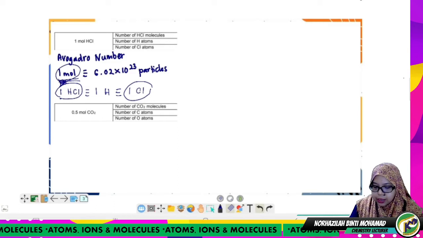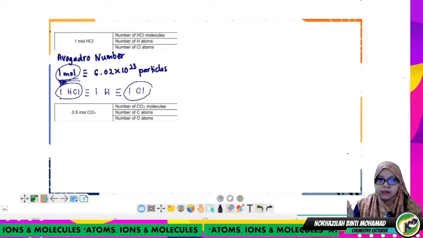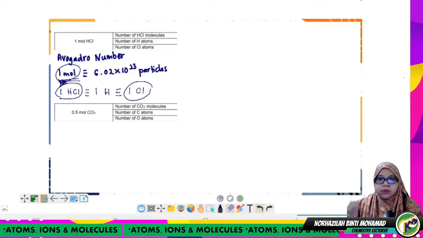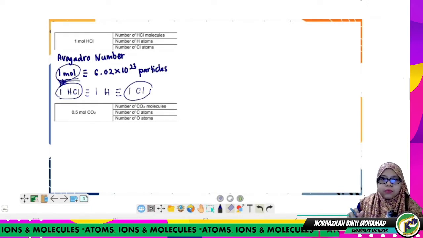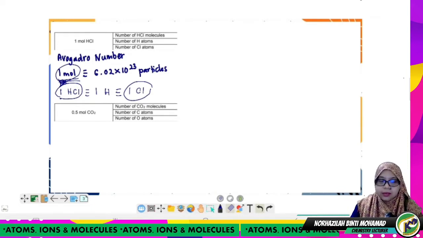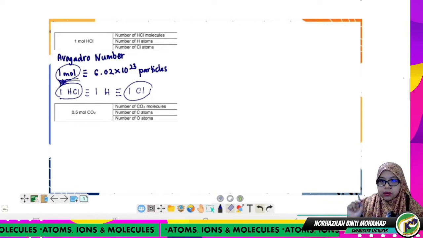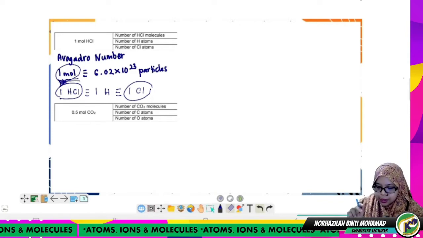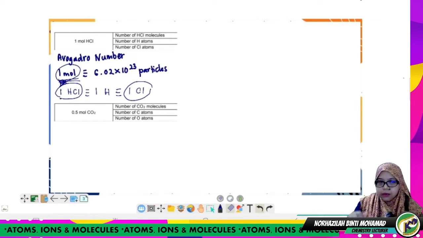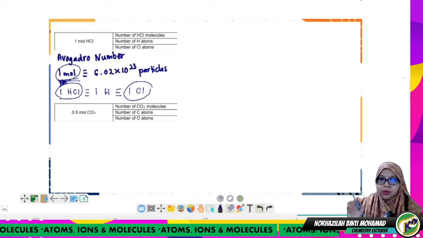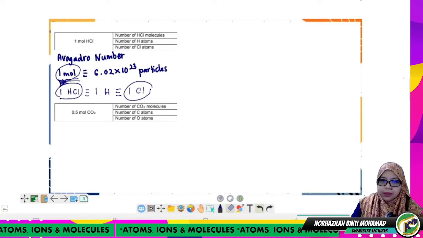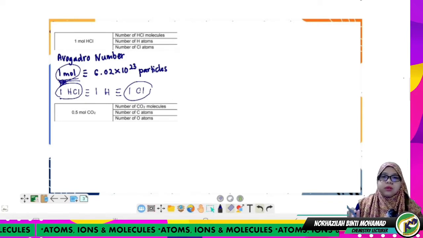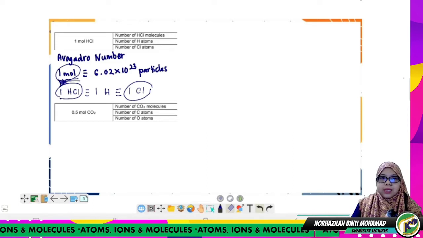Same as the first example, we need to determine which Avogadro constant we will use. For this one, we want to calculate the number of particles, so of course we will use the Avogadro number. Same as the first example, we know that in the Avogadro number, 1 mole of any particles is equal to 6.02 exponent 23 particles.